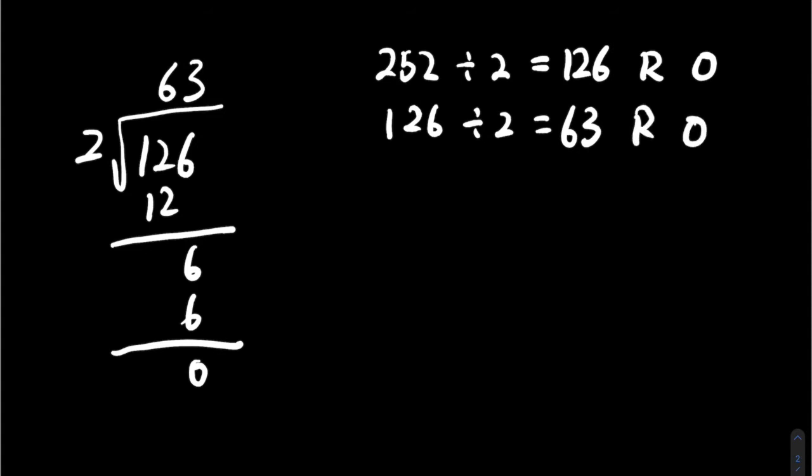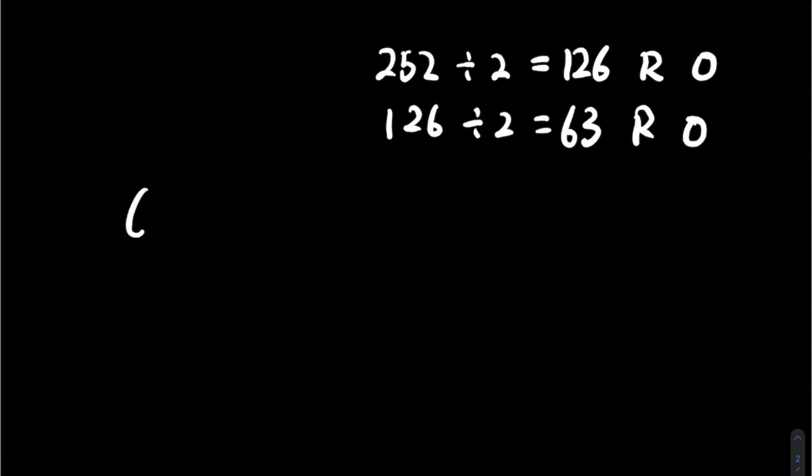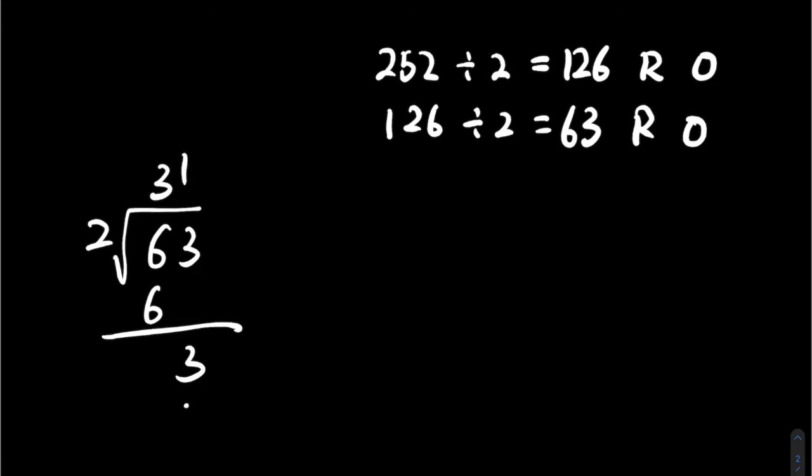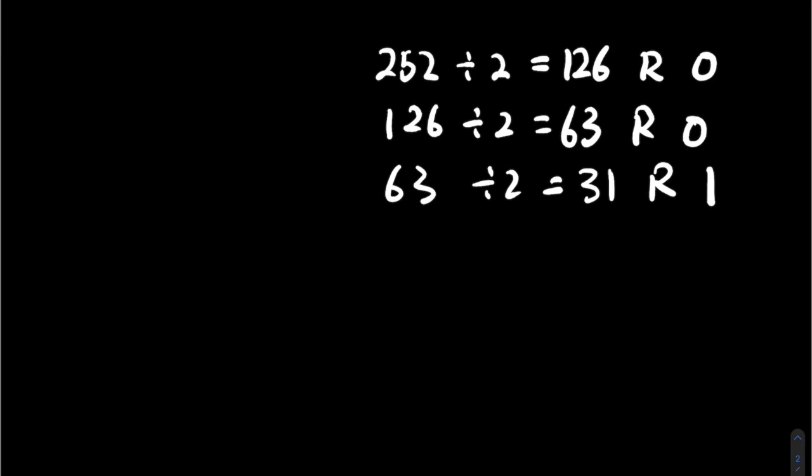Okay, now let's do this again. 63 divided by 2, we get a result 31 with a remainder 1. Okay, whole thing again.